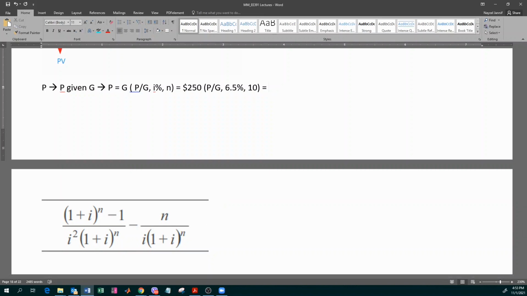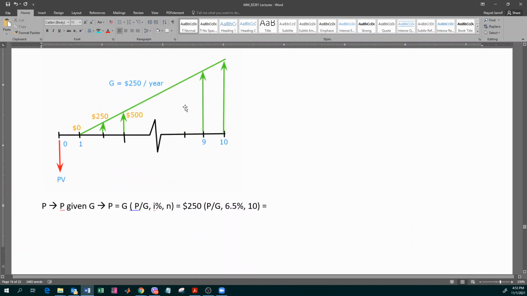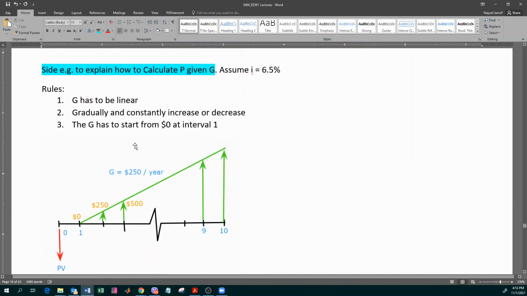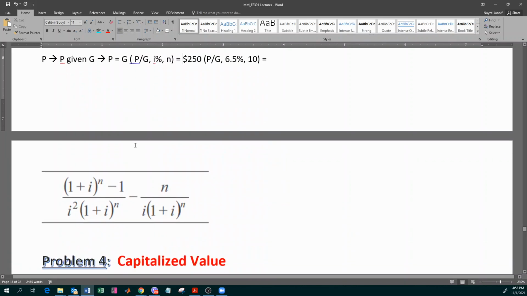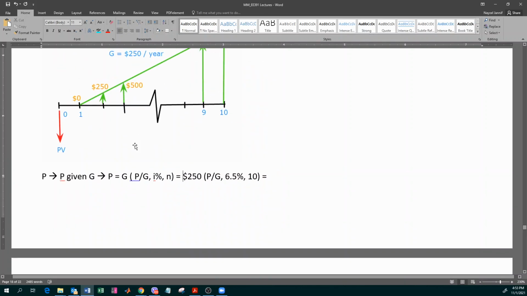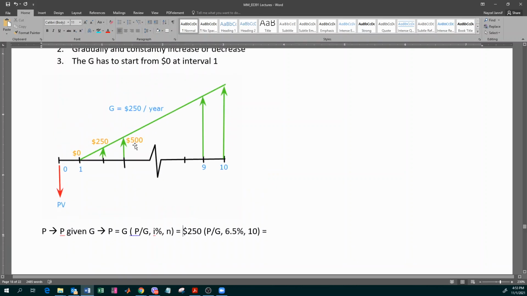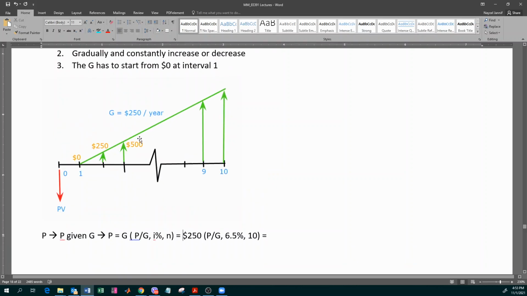Let's finish up our lecture for today by getting the answer for what is the P given this particular example. Does anyone have an answer? I just created this problem on the spot, so I don't have the answer with me right now.